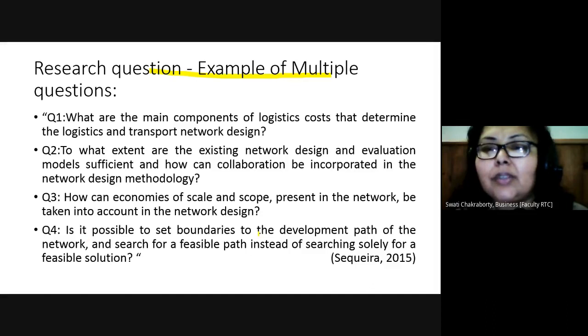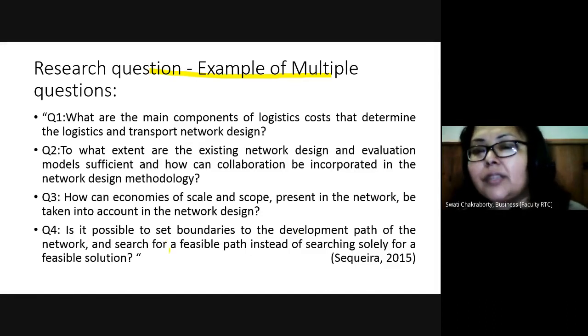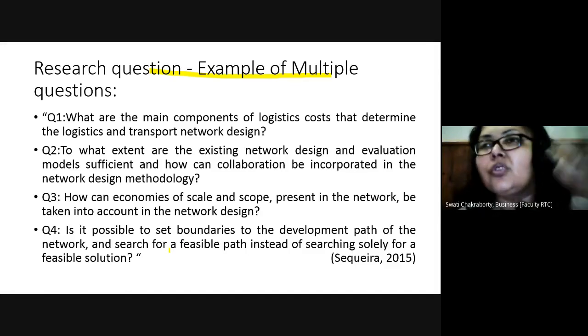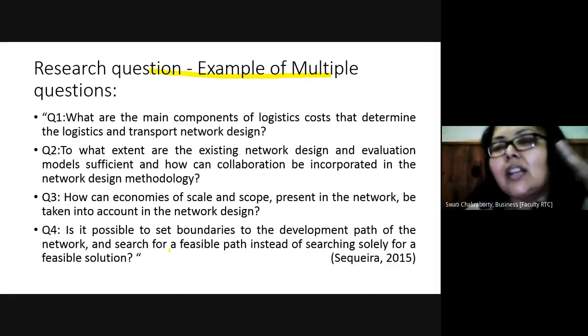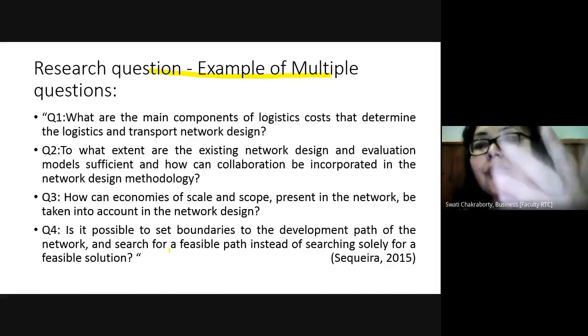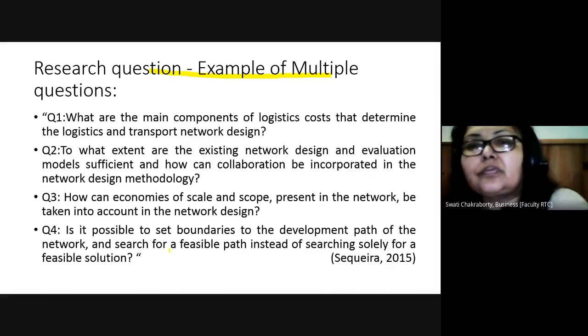Is it possible to set boundaries to the development path of the network and search for a feasible path instead of searching solely for a feasible solution? So on the network design, you can actually have one question also, but you can have multiple questions. So this is multiple questions.